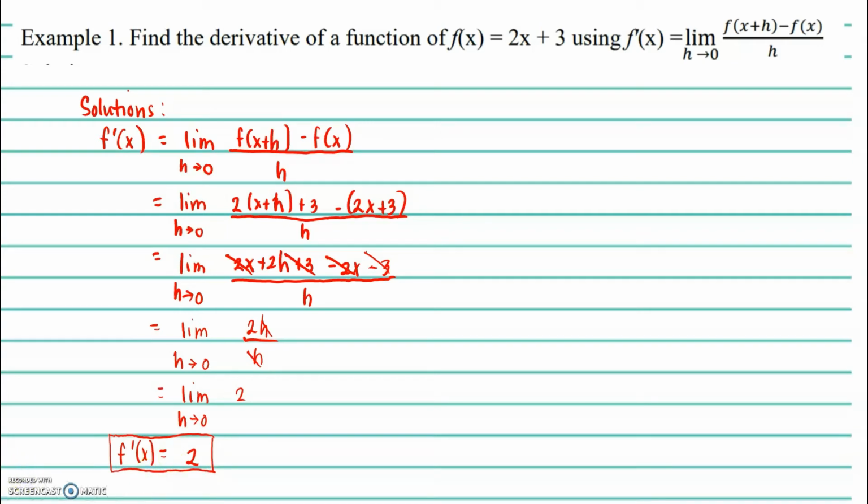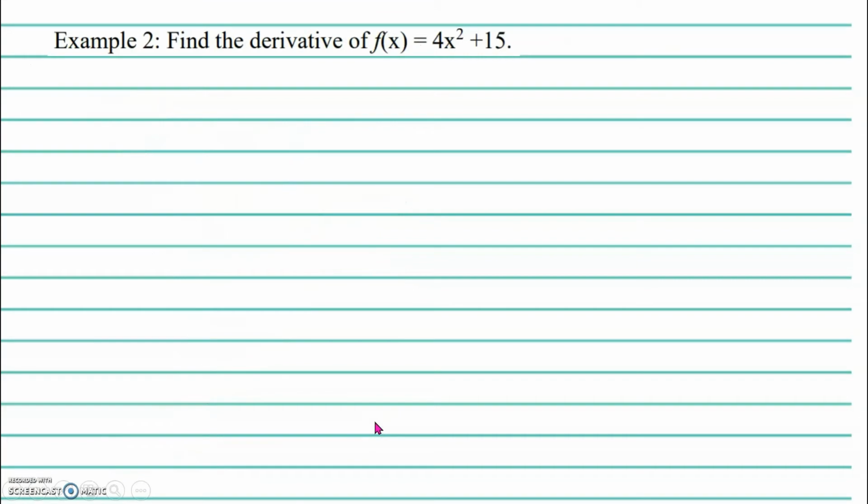Okay, next example. Let's find the derivative of f of x equals 4x squared plus 15. So solutions. We have here f prime of x is equal to the limit of f of x plus h minus f of x all over h as h approaches 0.